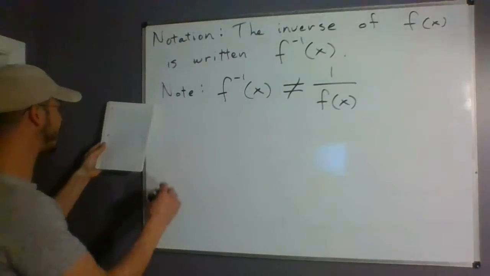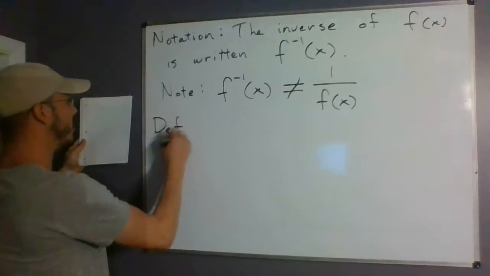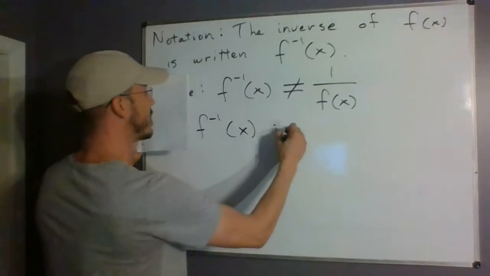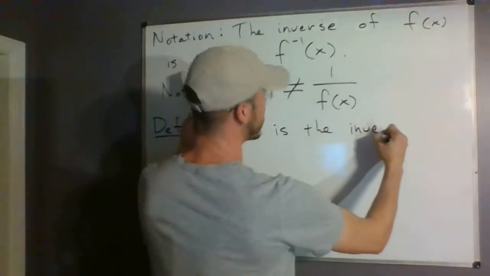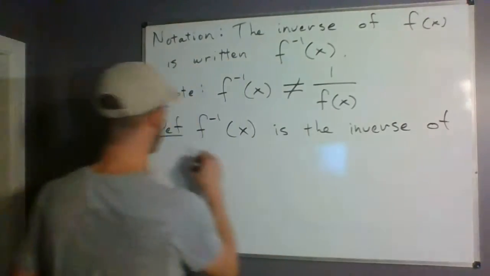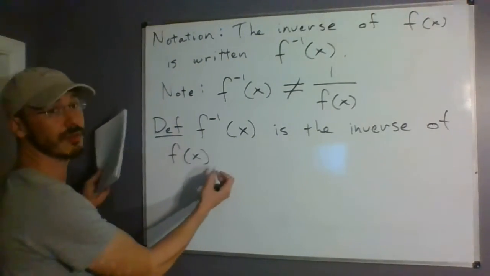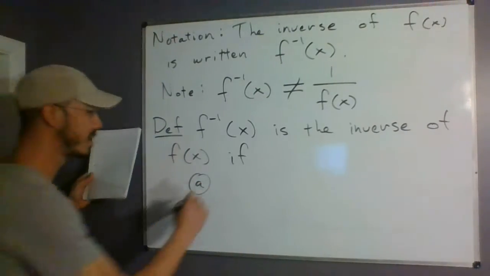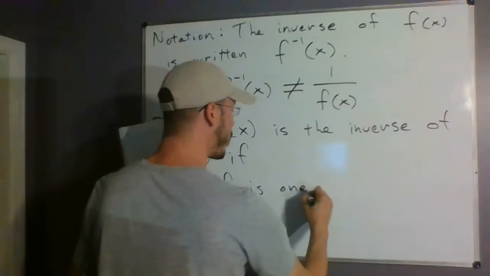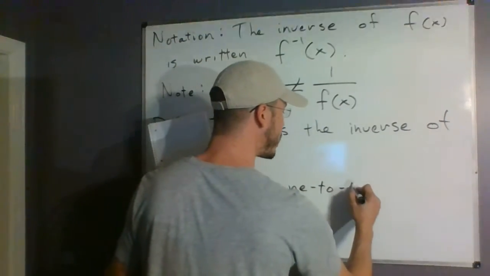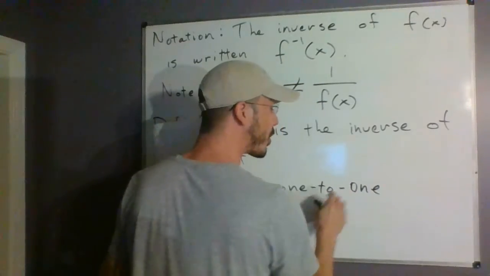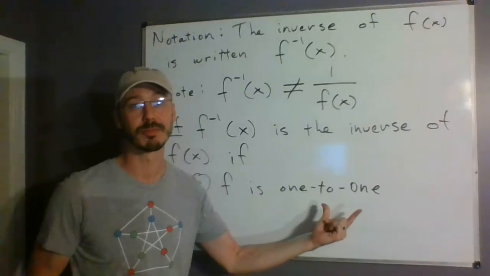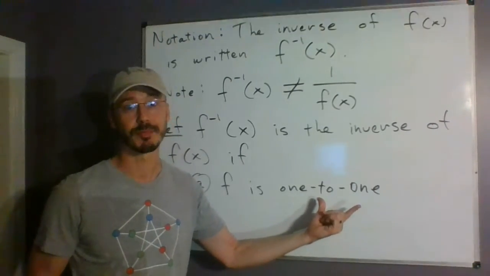So I have a little definition that has, first of all, f inverse of x is the inverse of f of x. Well, that's what I use the notation for, but what it means is if two things are true. First of all, f is 1 to 1, and that's not what we're going to emphasize in this particular lecture, but f has to be a 1 to 1 function for this to work.